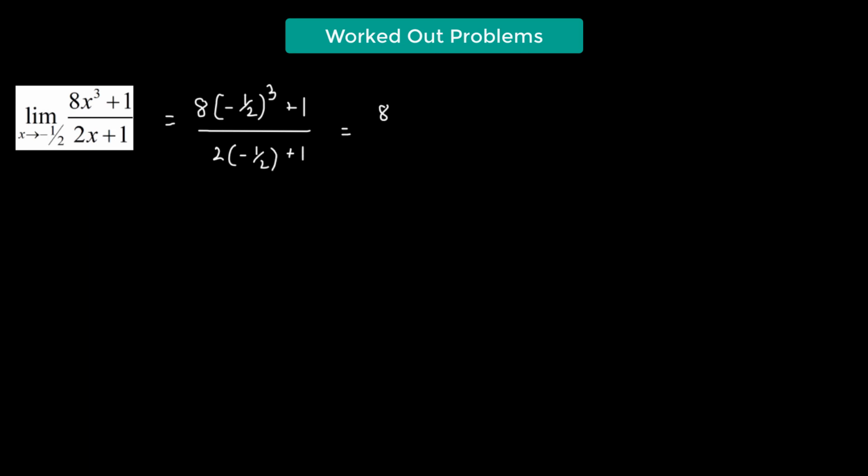So negative half cubed will be 1 over 8, and 2 times negative half is negative 1, plus 1. So we have 8 times negative 1 over 8, which is negative 1, plus 1, divided by 0. So we get the indeterminate form 0 over 0.